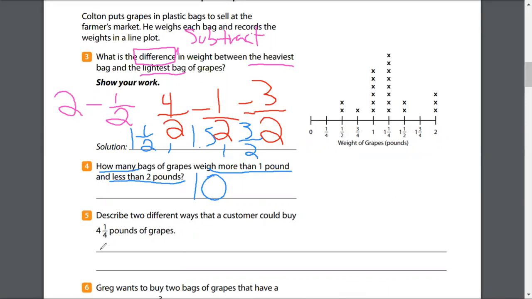I will highlight a few different ways, and you guys can tell me if you got the same way or a different way. First way, I would do 2 pounds, 1 1/4 pounds, and a 1 pound. And if I added those up, I would get 4 1/4 pounds.